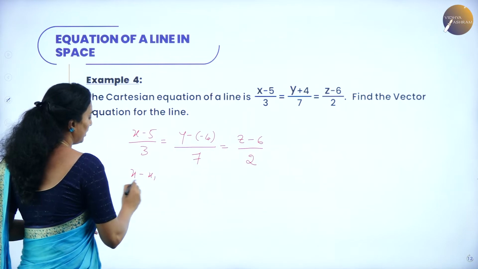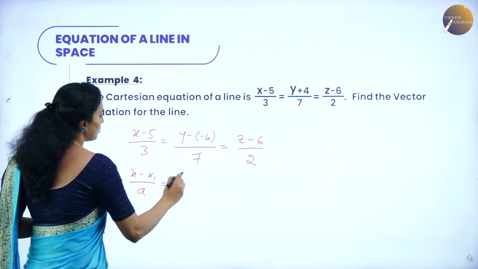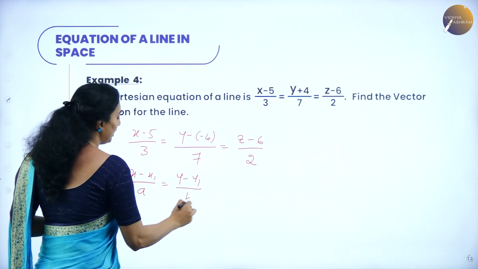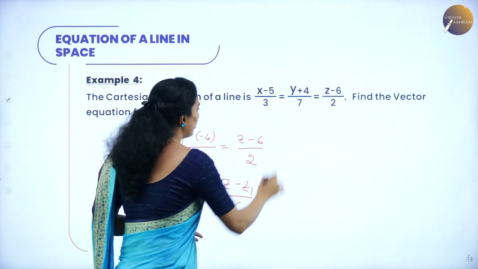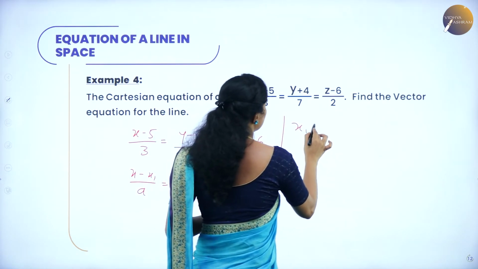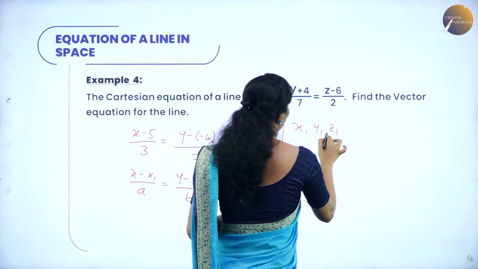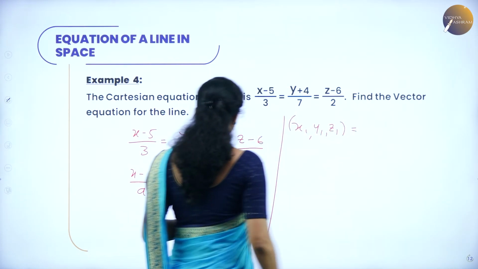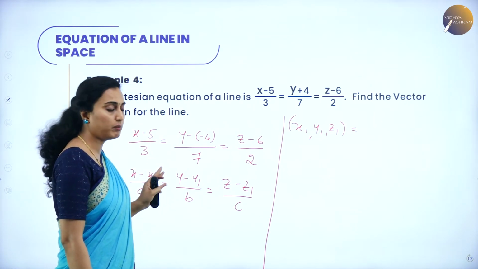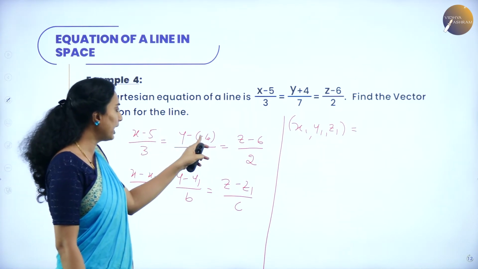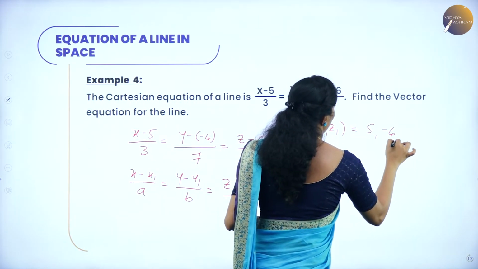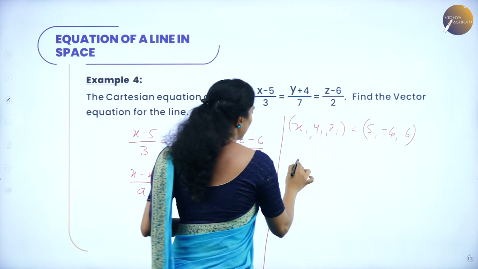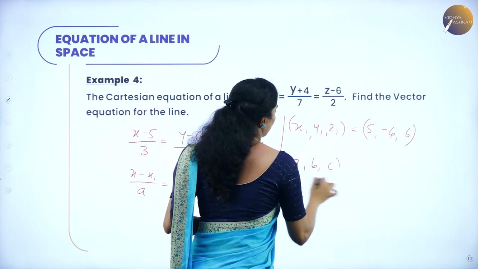x minus x1 by a is equal to y minus y1 by b is equal to z minus z1 by c. Now, what is x1, y1, z1? Yes, your guess is right. x1, y1, z1 are nothing but 5, minus 4 and 6. Similarly, what is a, b, c?